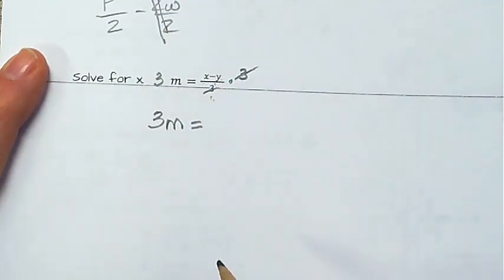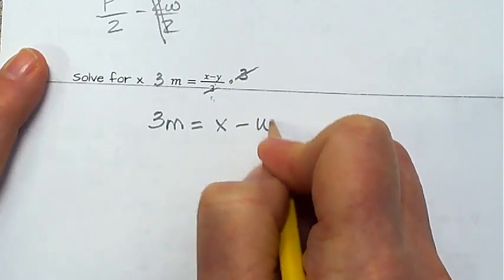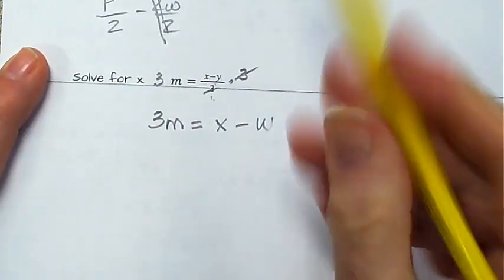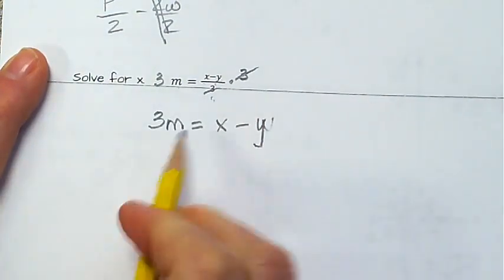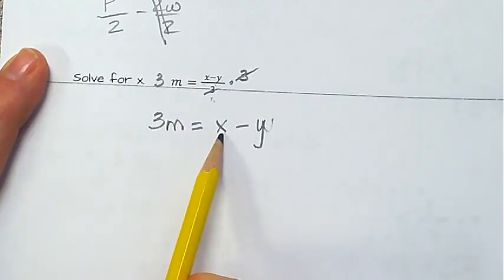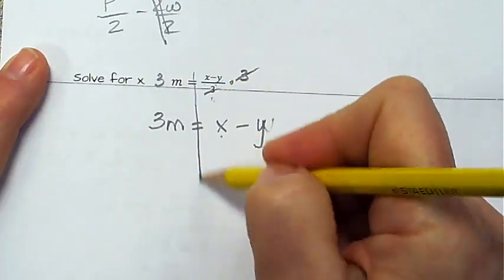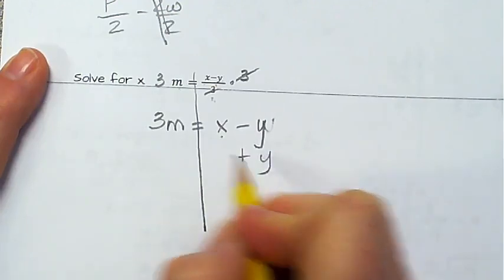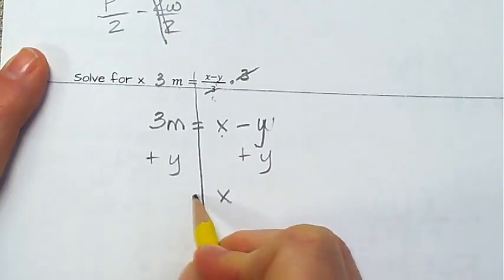And I'm solving for x, so I'm going to get x by itself by adding y to both sides. So x equals 3m plus y.